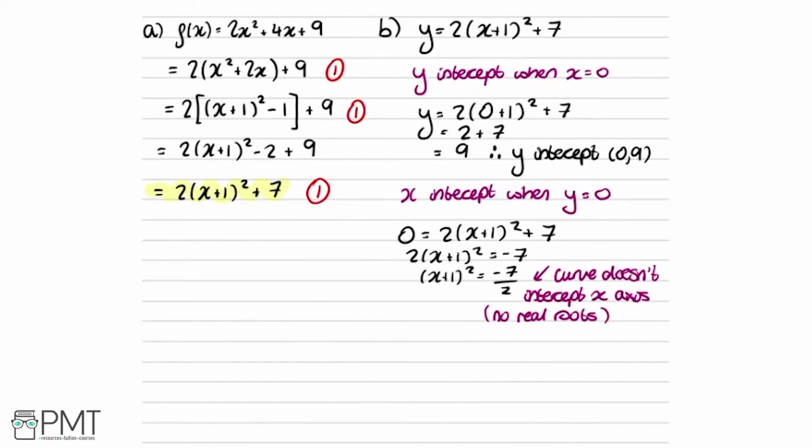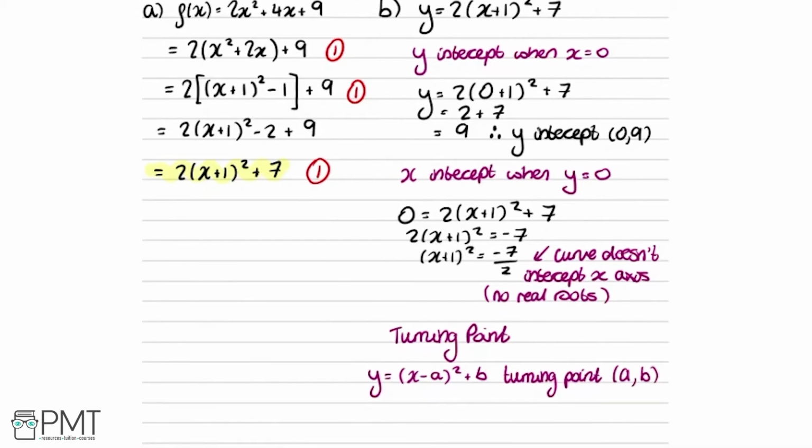The last thing we need to sort out is if there are any turning points. And this is great because there's a little trick we can use in a form once we've completed the square. So when we've got something that's in the form y equals (x − a)² + b, which is the form you get when you complete the square, the turning point is (a, b).